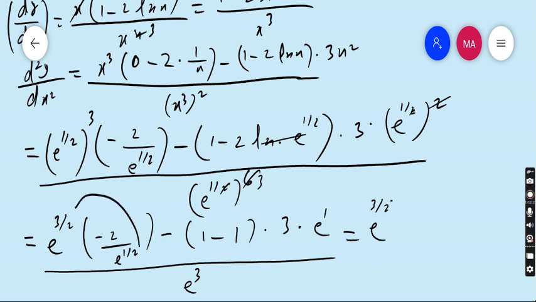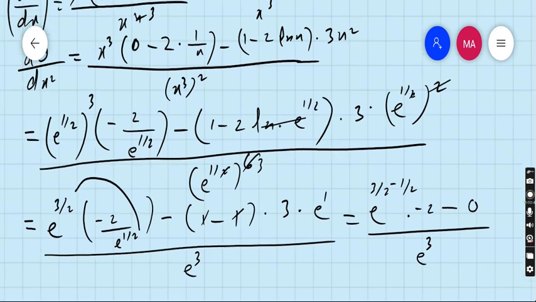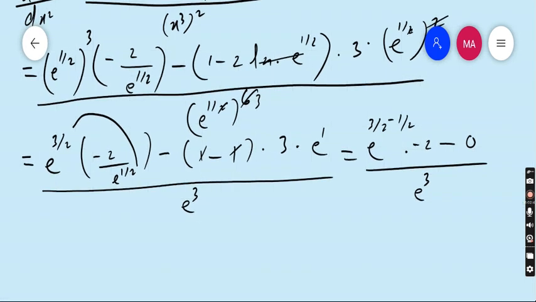And this power 1 upon 2 should be subtracted, power rule of indices. Minus 2 minus 1 cancel by 1, 0, 0 multiplied by something is 0 upon e3 is equals to 3 minus 1 is 2, 2 upon 2 is 1.